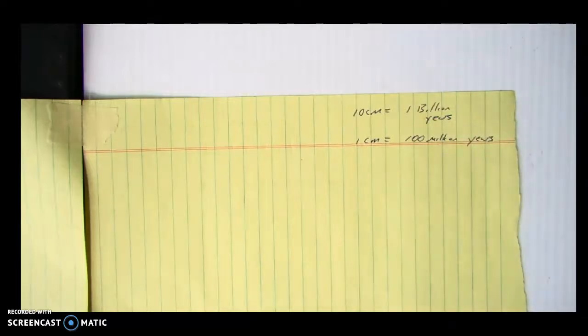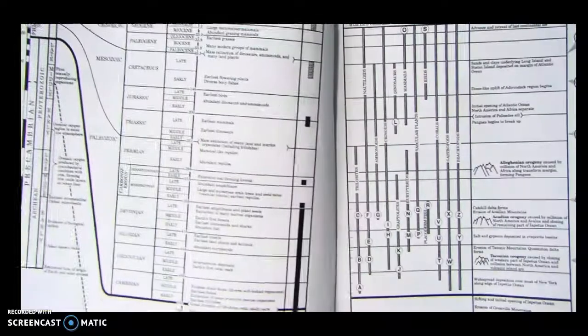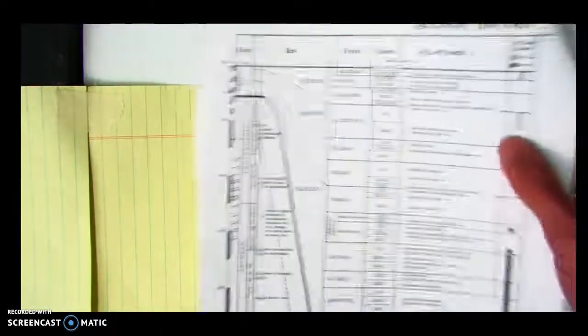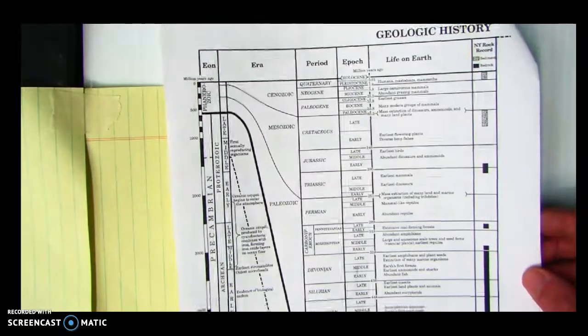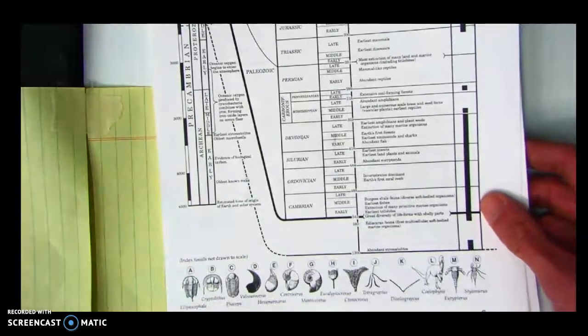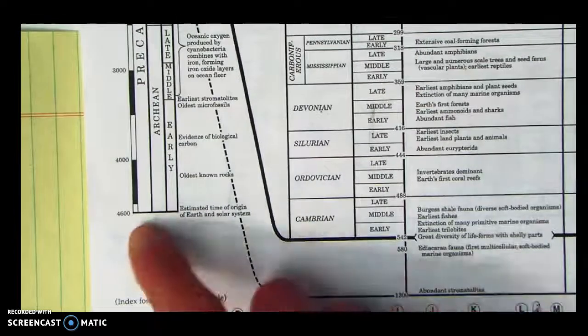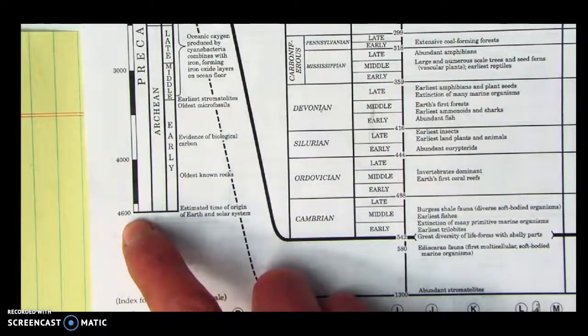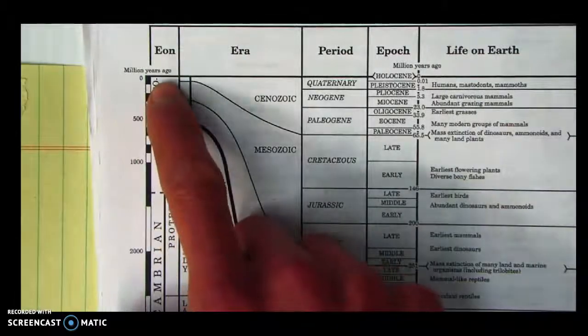Well, we know our best estimates for the age of Earth, if we look at the reference table. We're really going to be using page 8 on the reference table to help us do this. We know that the approximate age of the Earth is 4.6 billion years. This might look like 4,600 to you, but if we look at the top, these numbers are in millions of years ago.